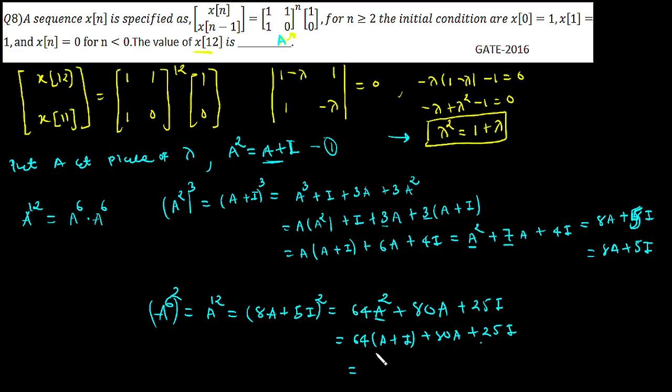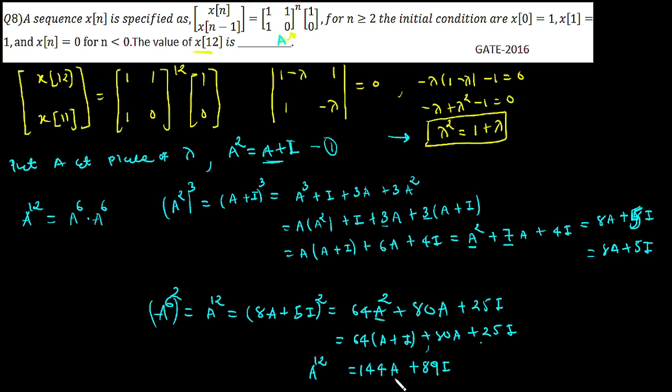Let's simplify: let's add this 64 with this 80, so we are getting 144A, plus now let's add the identity 64 plus 25, which is 89, so we are getting 89I. Okay, so we are getting A to the 12.